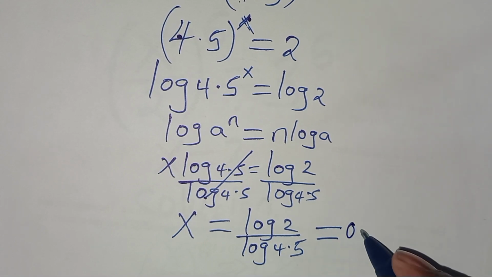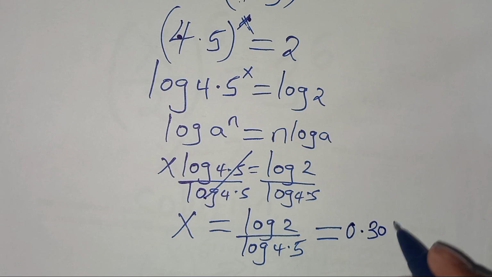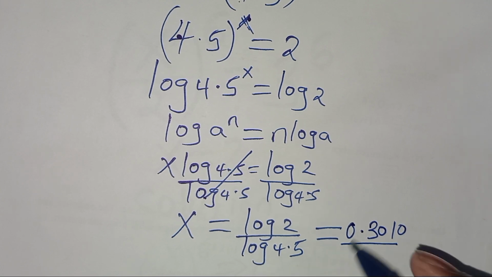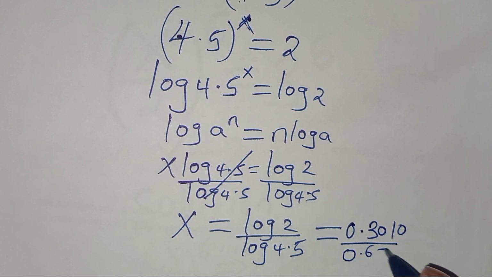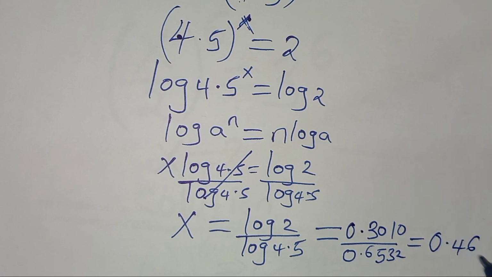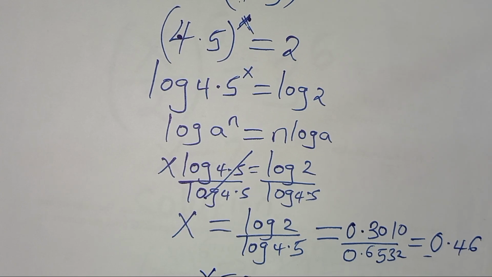Log 2 is the same thing as 0.3010, divided by log 4.5, which is 0.6532, which gives us the value of x as approximately 0.46. So the value of x here is 0.46.